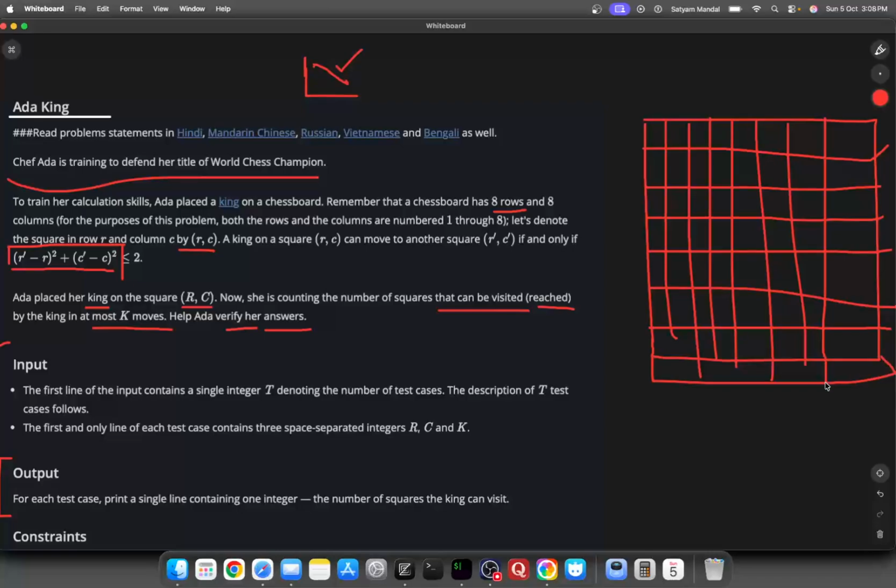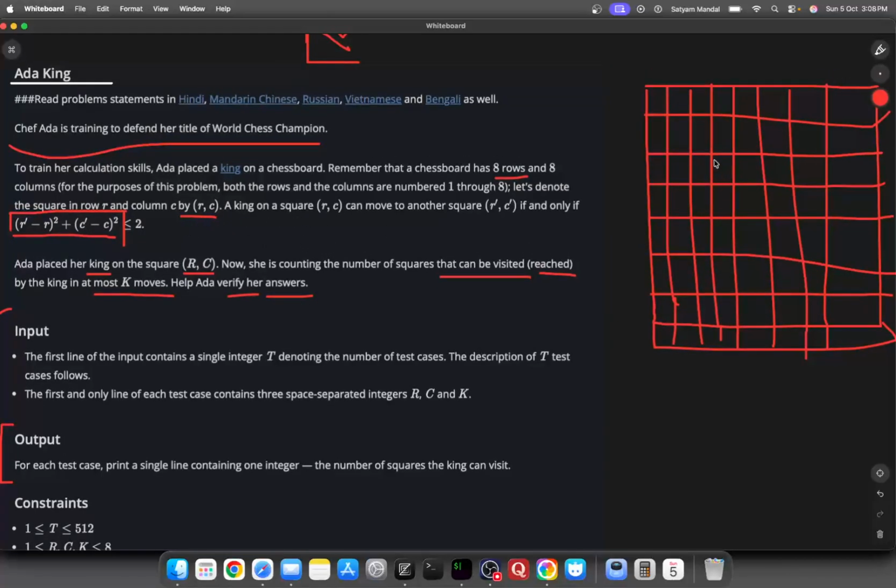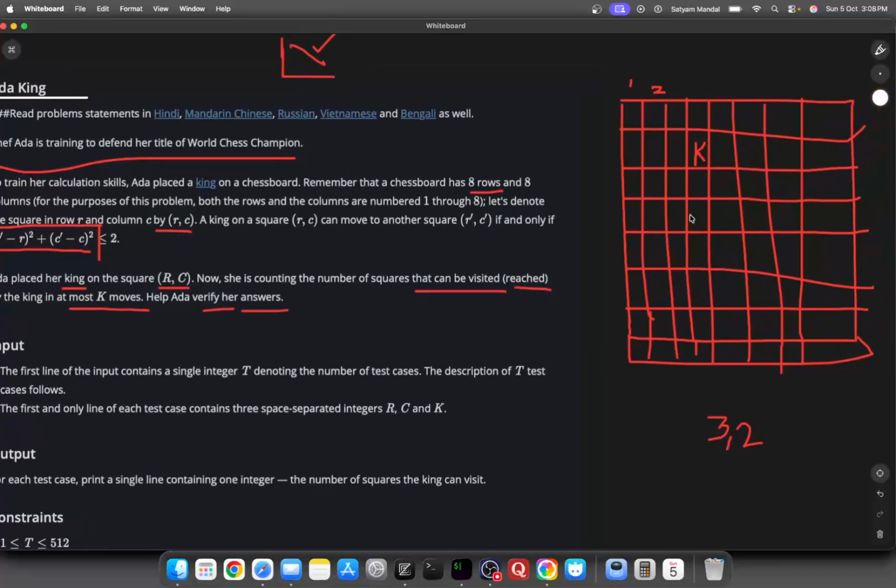Let's suppose our R and C, I mean the king, is placed at 3 comma 2. Okay, so how can we calculate this?